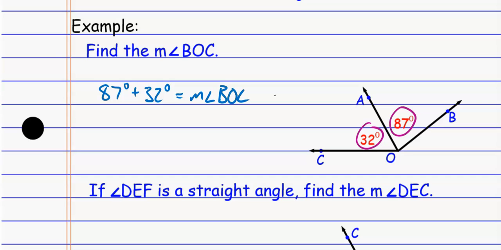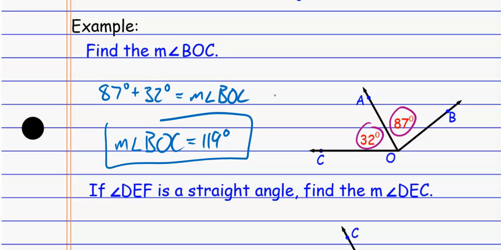The smaller angles add up to the whole thing. And when I add those two together, it gives me 119 degrees. So I'm just going to say the measure of angle BOC equals 119 degrees. The smaller angles add up to the whole thing.